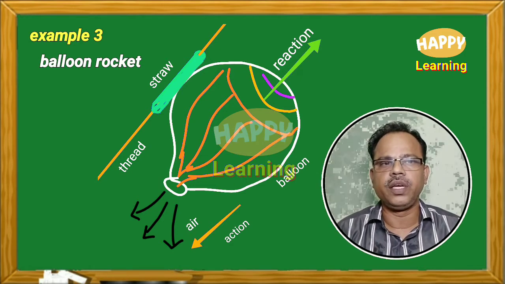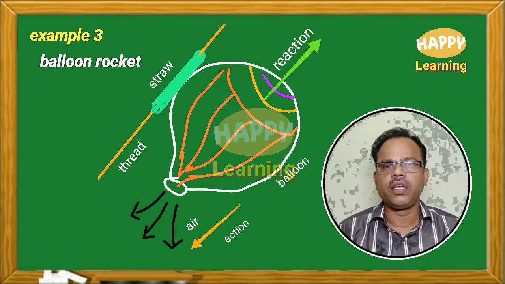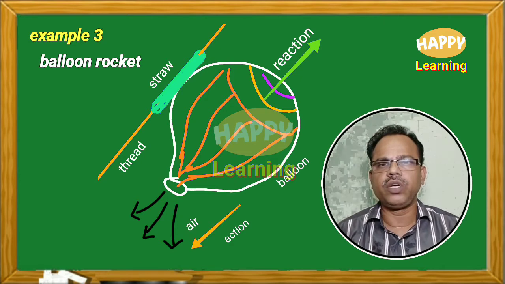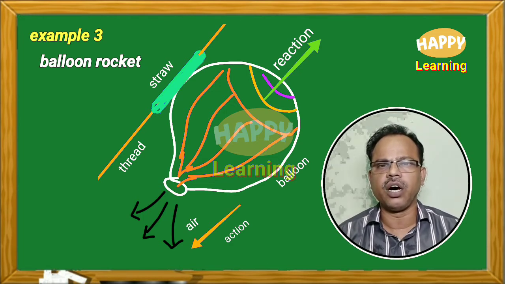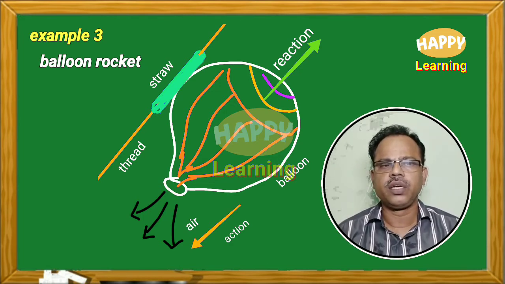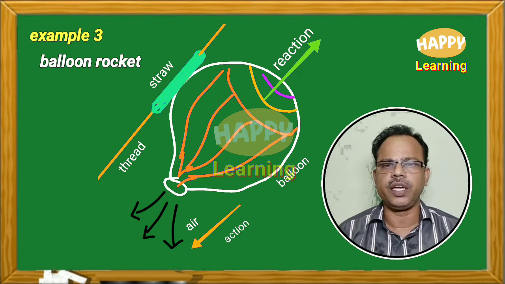Now when the neck of the balloon is released, the air escapes from the balloon, then the balloon moves in a direction opposite to the escaping air.